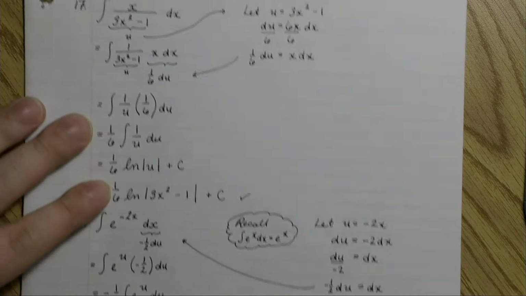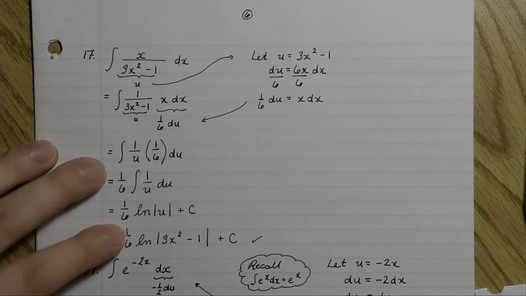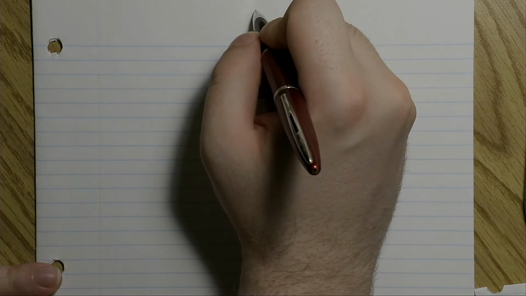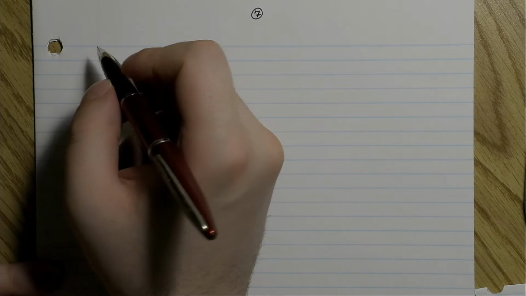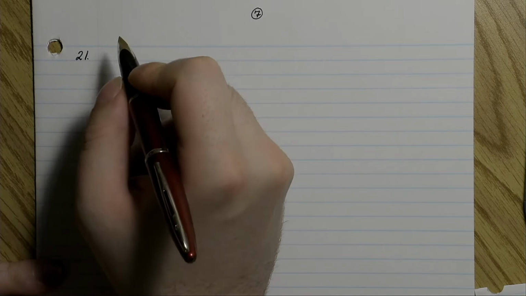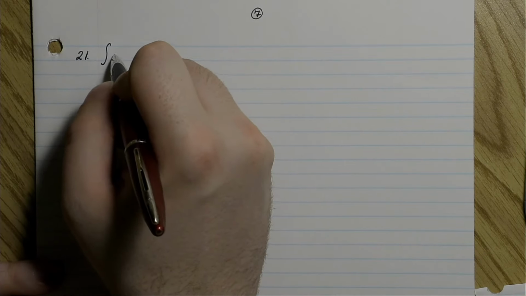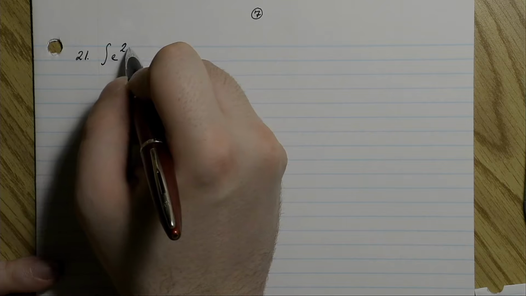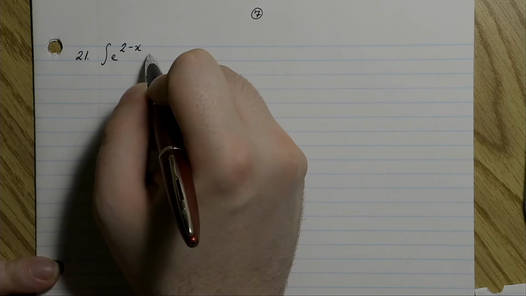So I'll move that back up. So I have 19, let's do 21. So again, integrating e to the 2 minus x dx.